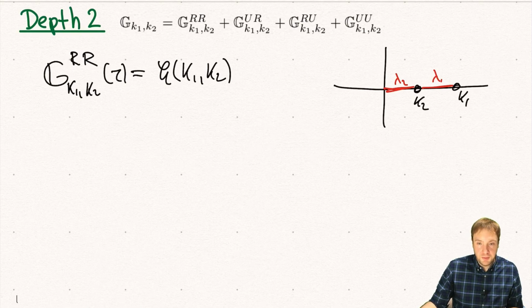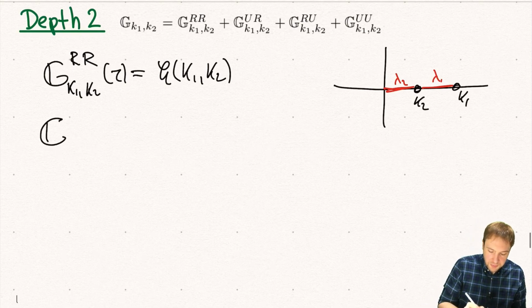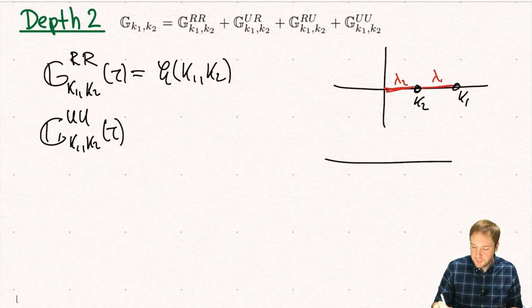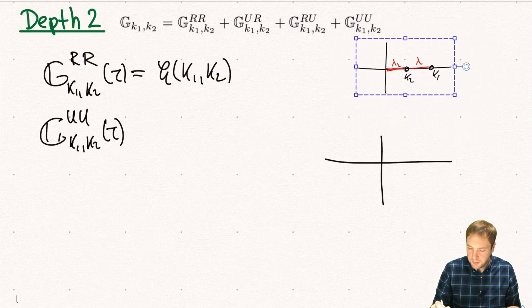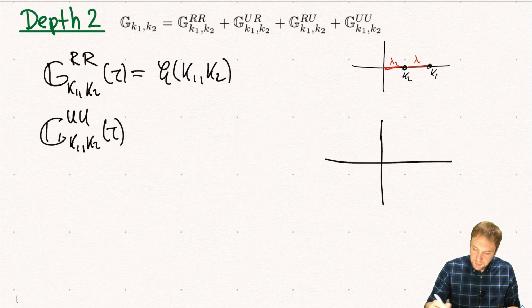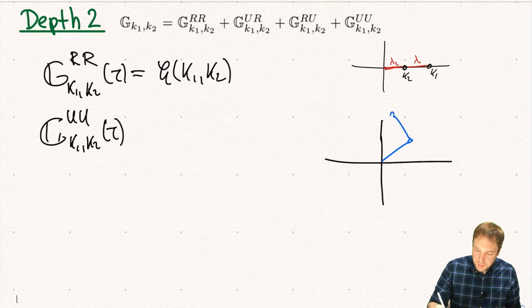And now the other simple case is UU. So this is this case here. Maybe I make this smaller. So I have lambda 2, and then lambda 1. Here this is k1 and this is k2.